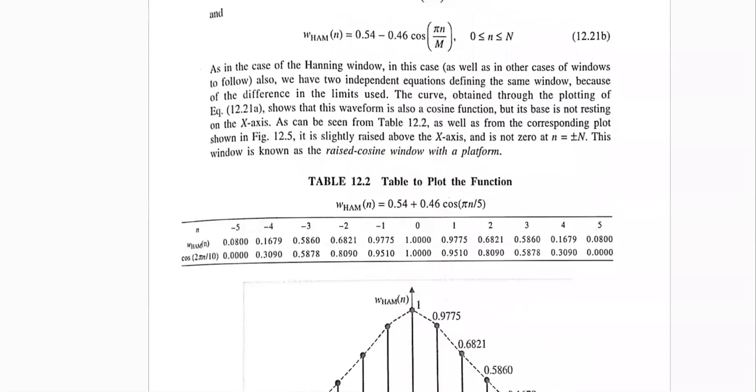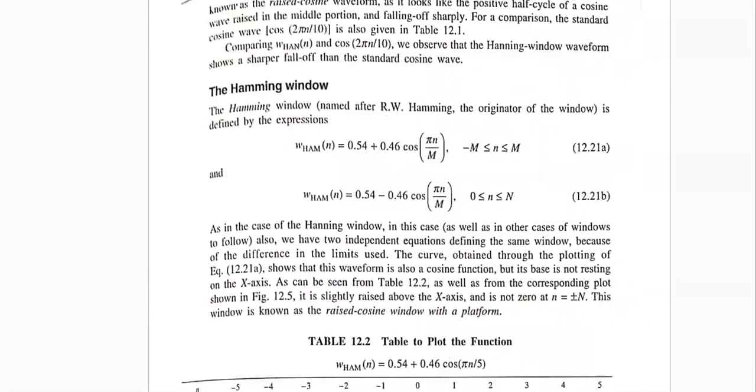This cosine window can also be known as the raised cosine window, the Hanning window, the Hamming window. The Hanning window shows the sharp fall. So here we have the sharp fall compared to this window.